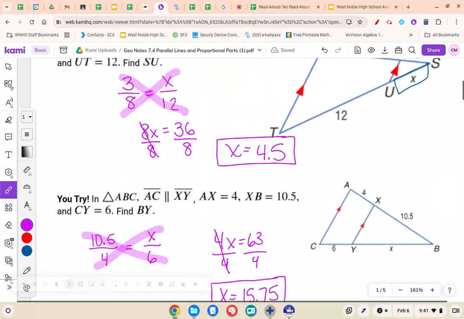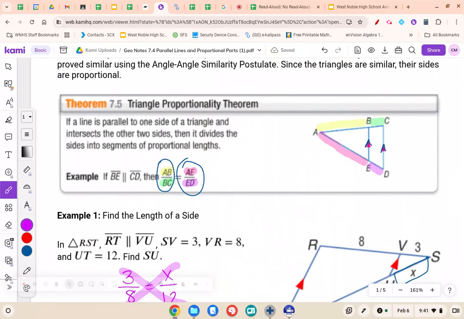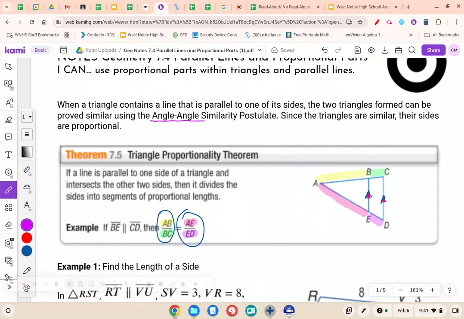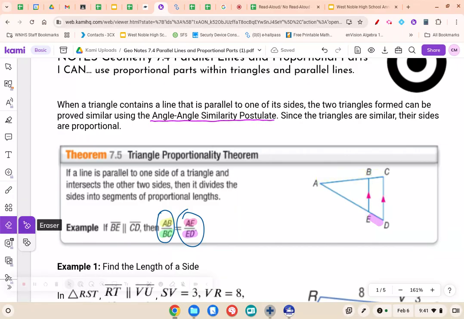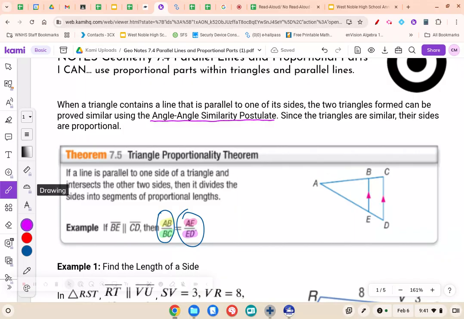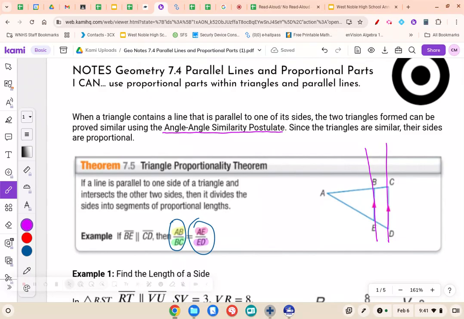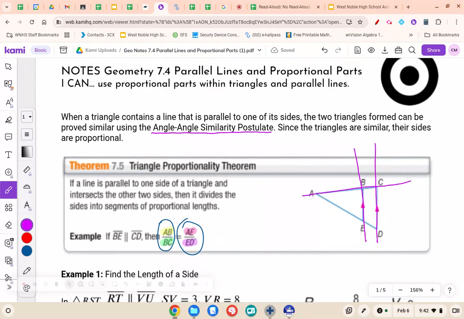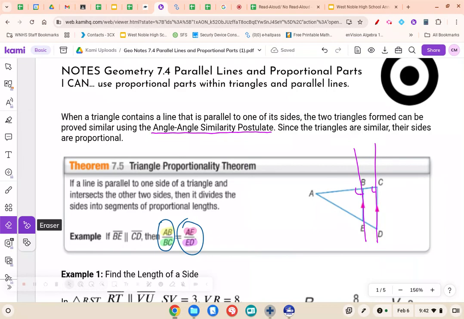I do want to talk about, because up here in our theorem it says these are similar by angle-angle similarity. I know it looks kind of like there's only one triangle here, but let's talk about this whole angle-angle similarity thing. So we have these two parallel lines, and we have this transversal. These angles are corresponding angles, making them congruent to each other. If I switch transversals, and I looked at this transversal. Oops, erased it instead.